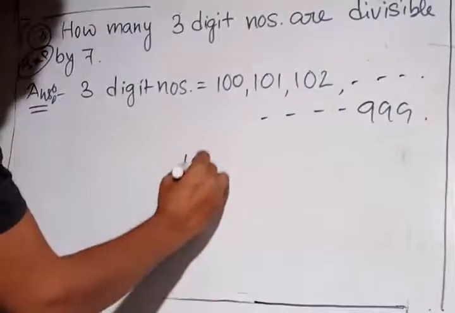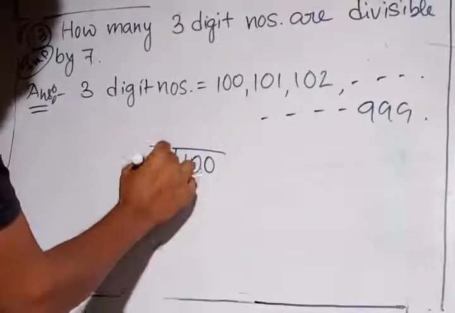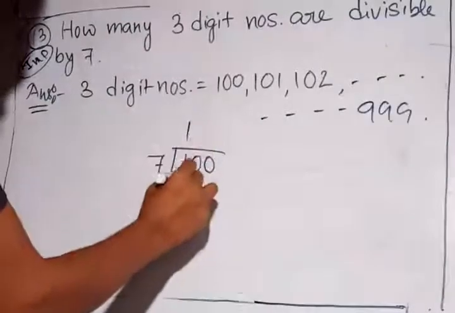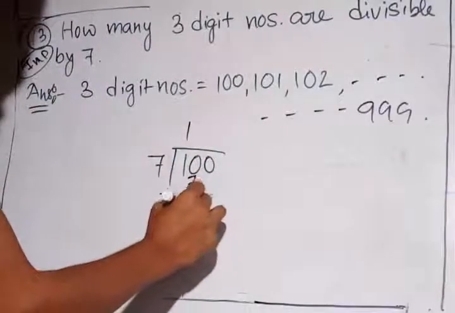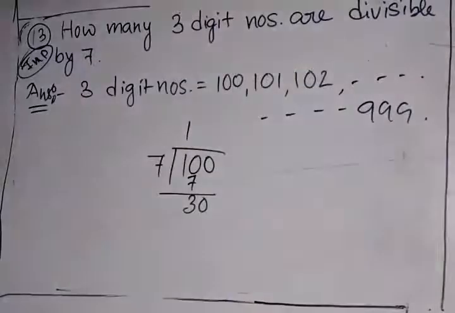The first thing, 100 by 7. 7 1 is 7, 3 0. Now if you take 7 3, it will be 21. If you take 7 4, it will be 28. That means it is not divisible.